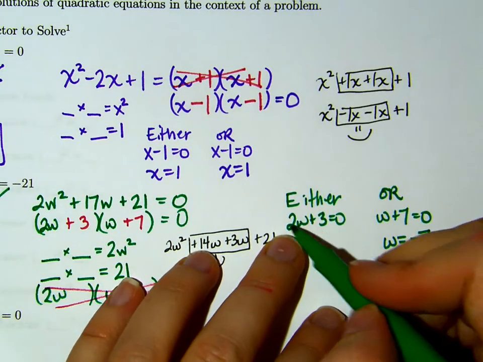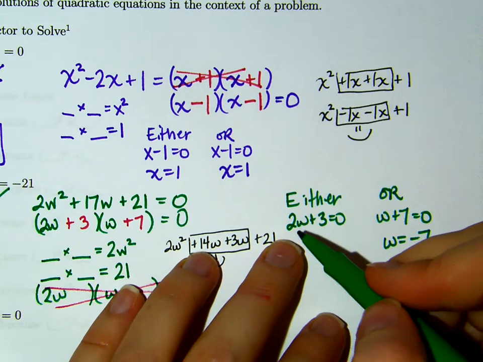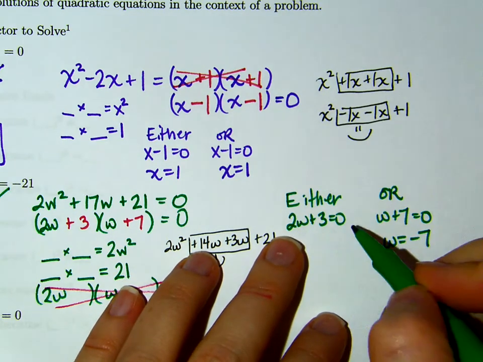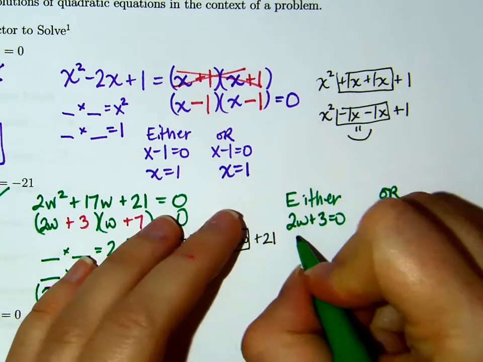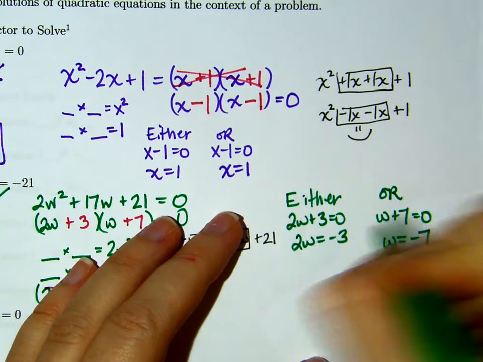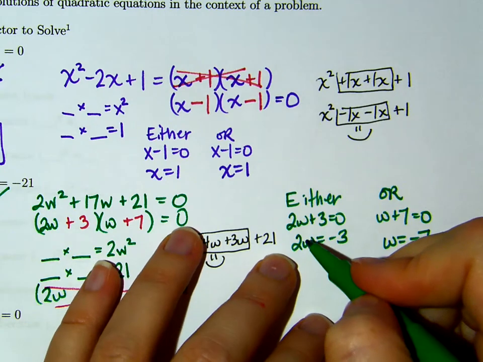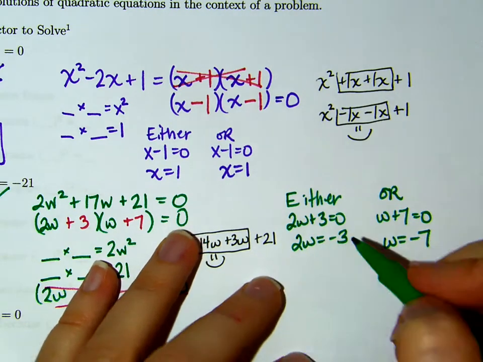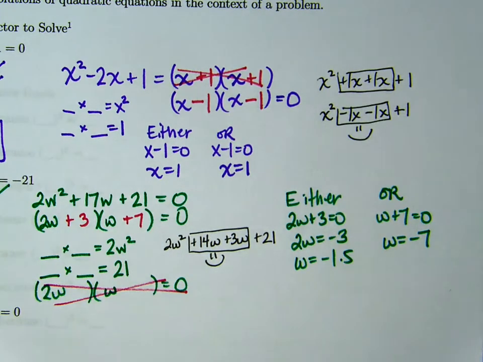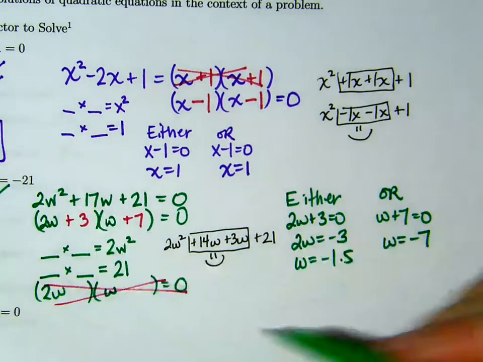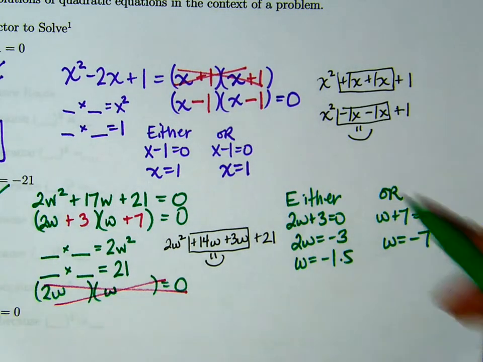And if 2w plus 3 equals 0, that means that 2w has to be negative 3, because negative 3 plus 3 is 0. But that's 2 of them, so we're going to need half of that. So negative 1.5.